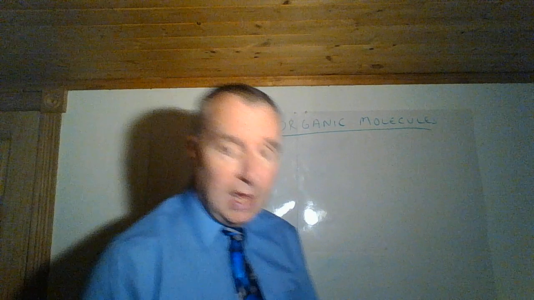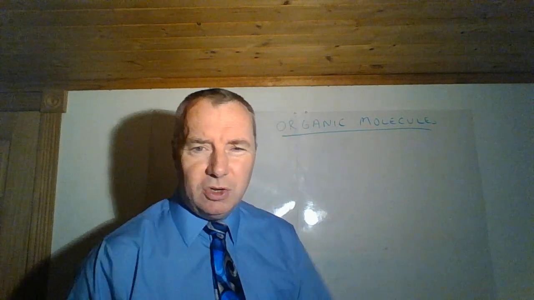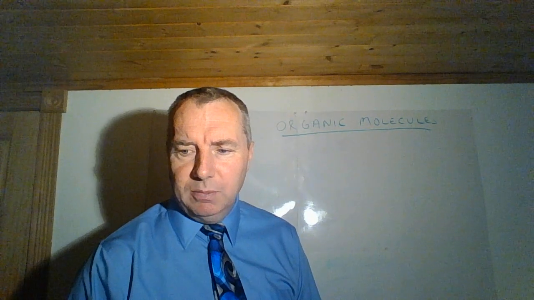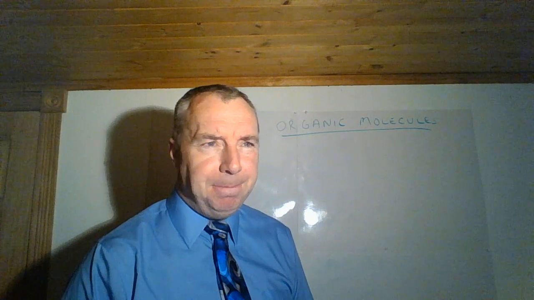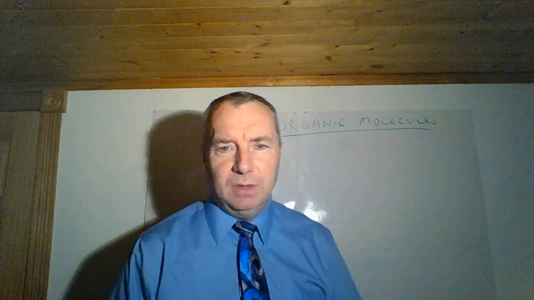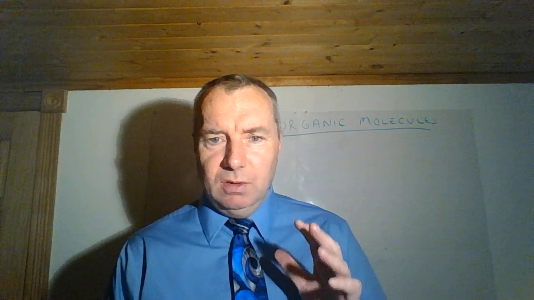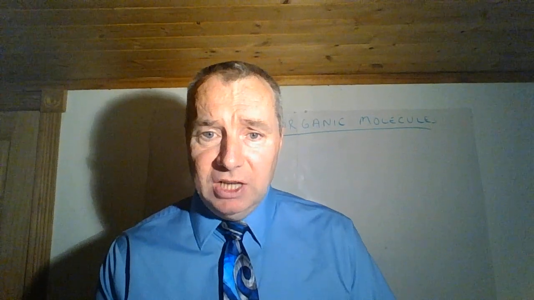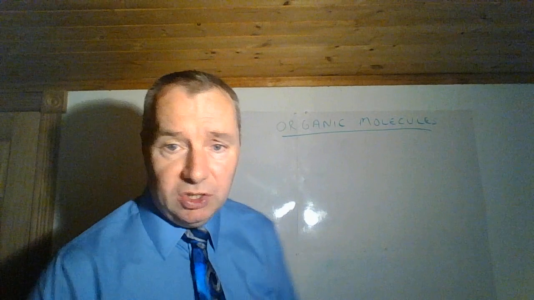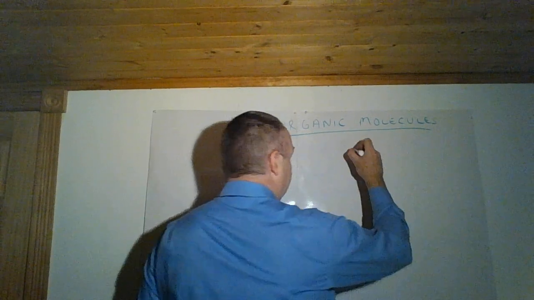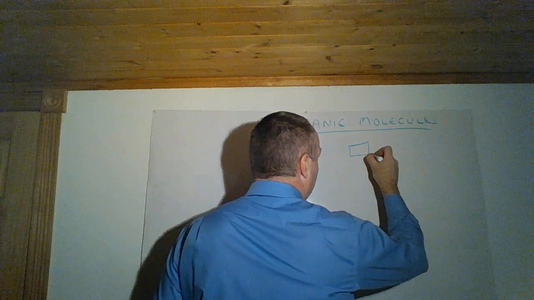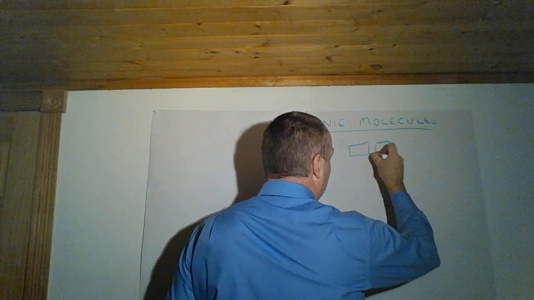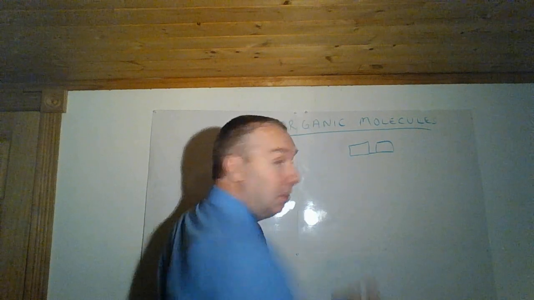So, I'm going to introduce a concept now, just so you get the idea. A single part of something is called a monomer. So, if you imagine a train carriage would be a monomer by itself, and a train with several other carriages we call a polymer.